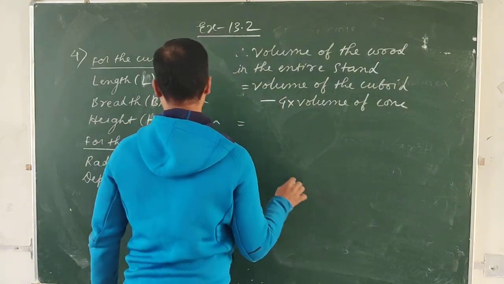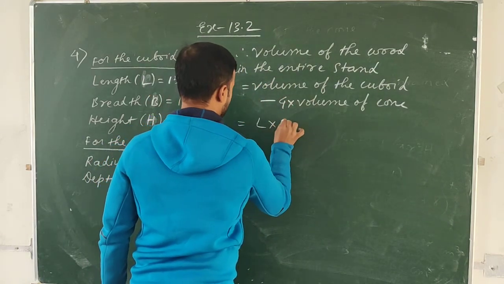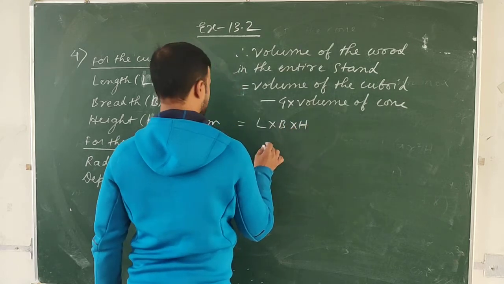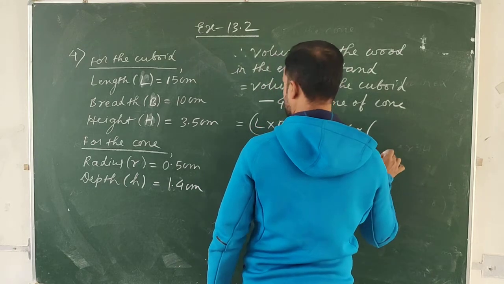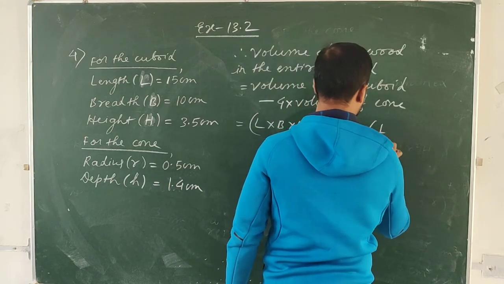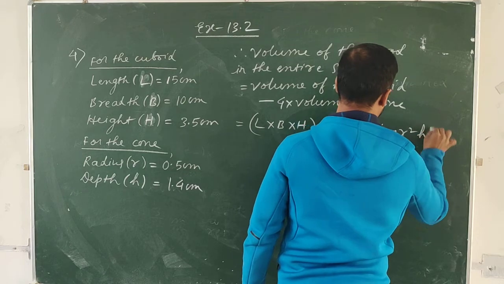So the volume of the cuboid, students, will be L into B into H, and the volume of the cone, the formula is 1 by 3 pi r square h.